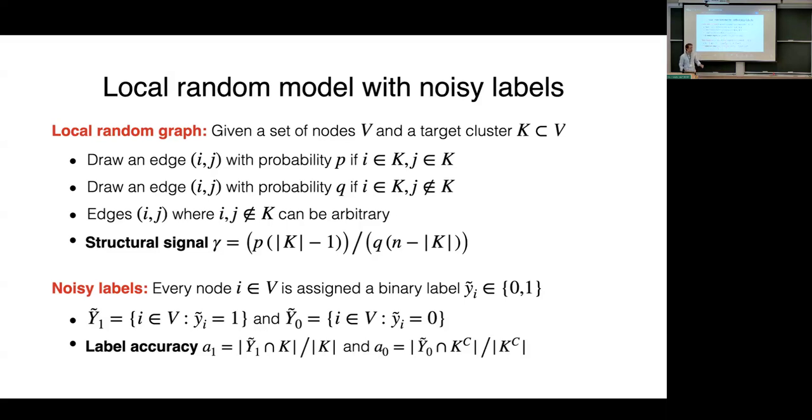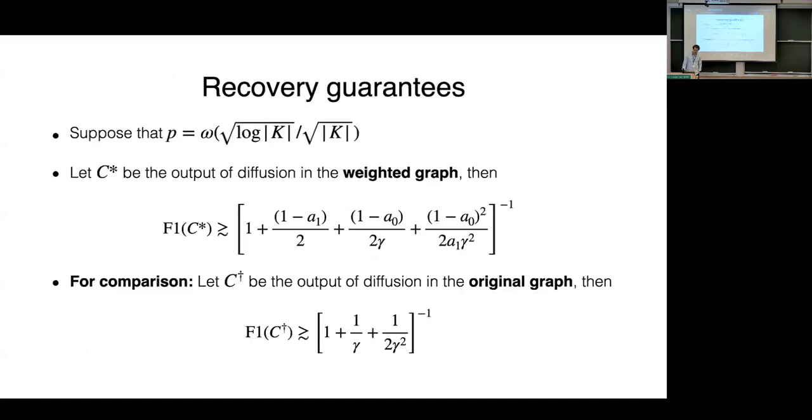And we also have these noisy labels. Again, these are just binary values indicating cluster membership, one if it belongs to the target cluster, 0 otherwise. To measure their strength, we have the simple label accuracies. If we're talking about the recovery guarantees, the first thing that we assume here is that the target cluster is somewhat well connected.